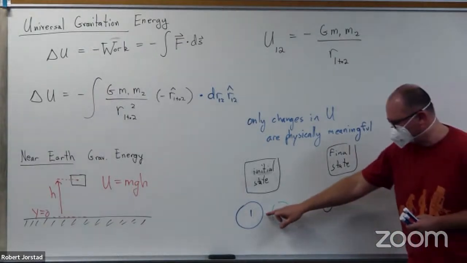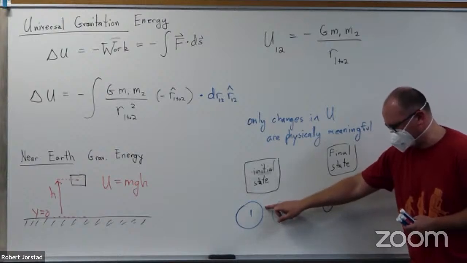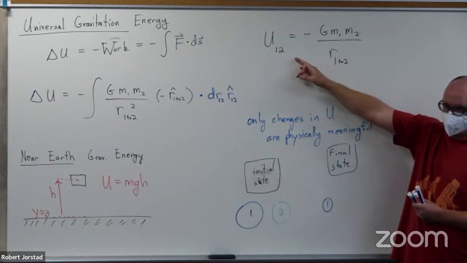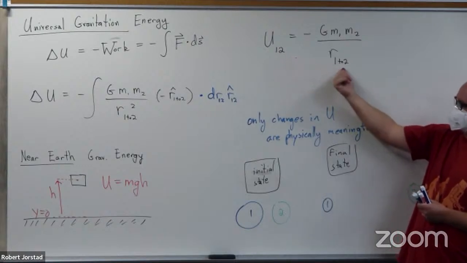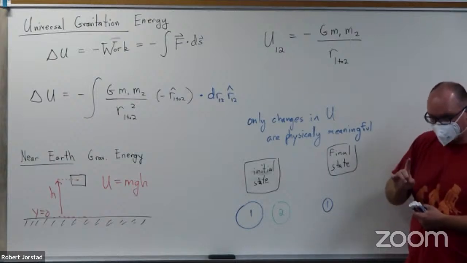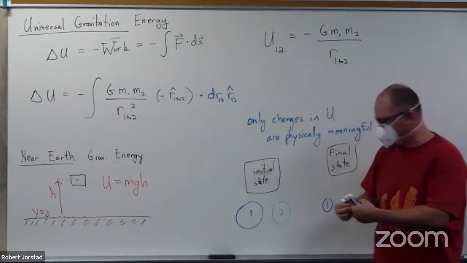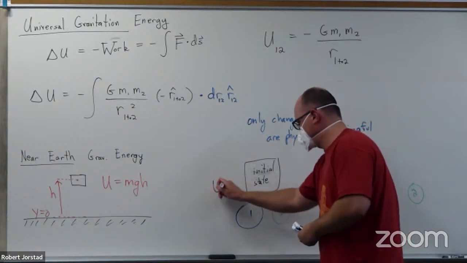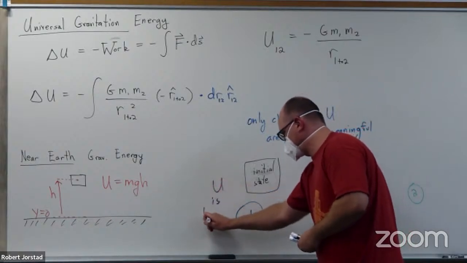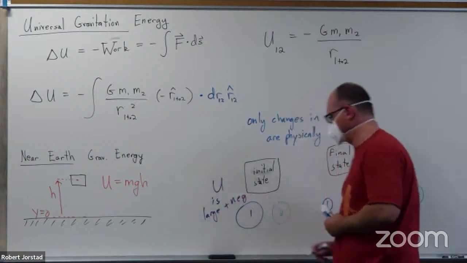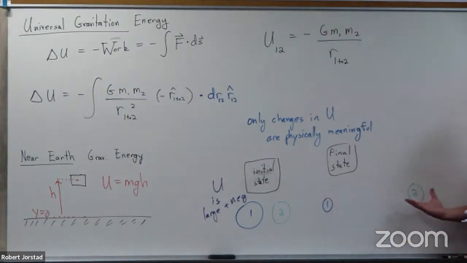When they're close together in the initial state, the potential energy, is it going to be a big or a small number if you have a small denominator? It's going to be a big negative number. So let's say U is large and negative. Now they're spread apart more.